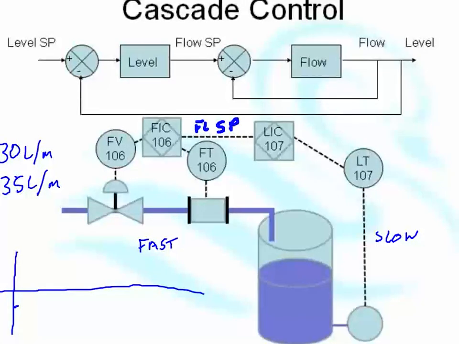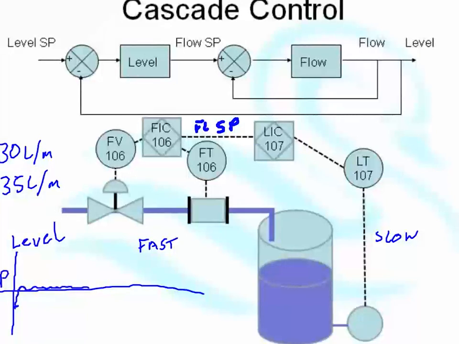Now, the flow control sees that and corrects it. And because the flow control is such a fast control, it corrects that overshoot within just a few seconds, so that the response for the level, instead of being a long drawn-out oscillation, is a pretty quick response back to the set point.